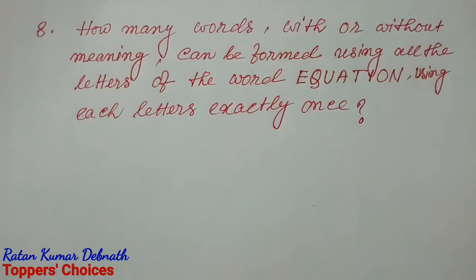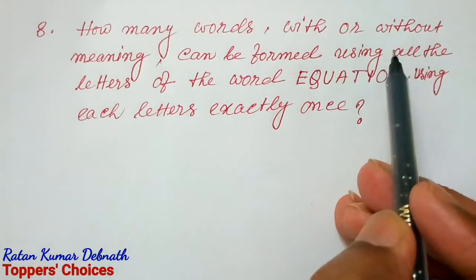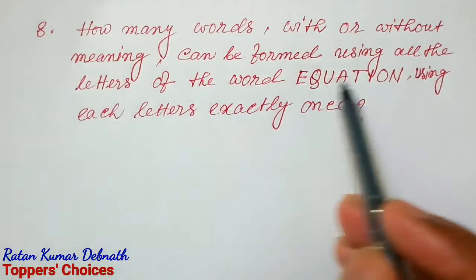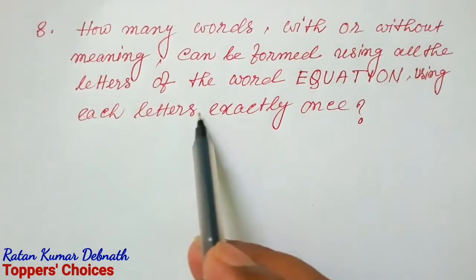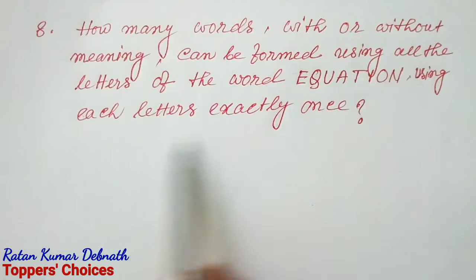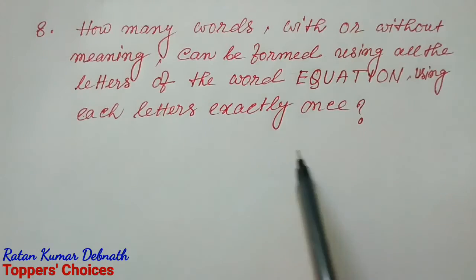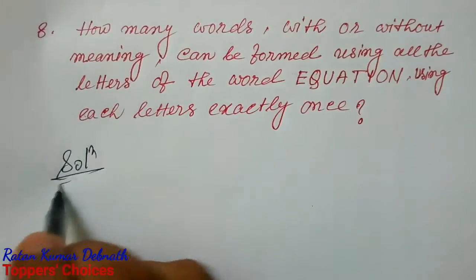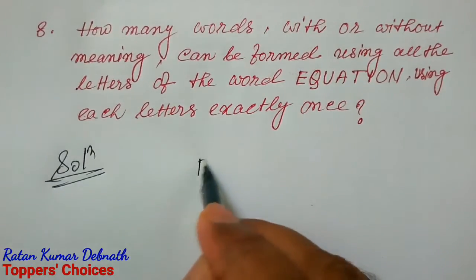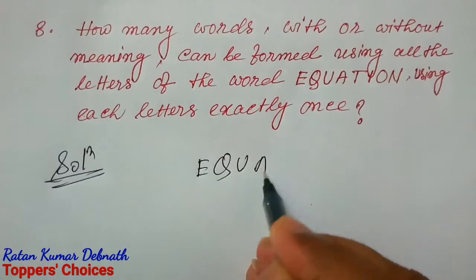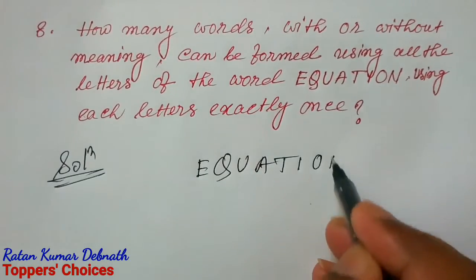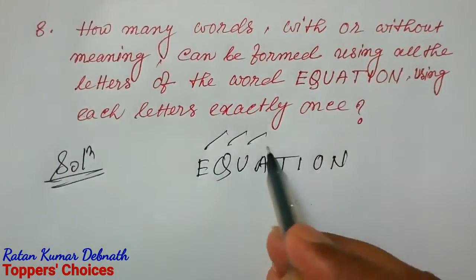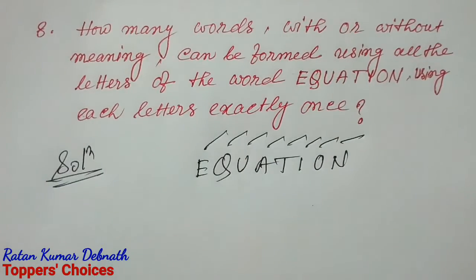Now we will go through question number 8. How many words with or without meaning can be formed using all the letters of the word EQUATION, using each letter exactly once? In the word EQUATION there are 8 distinct letters.